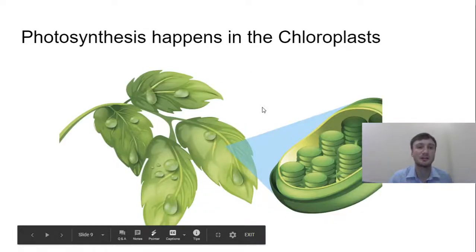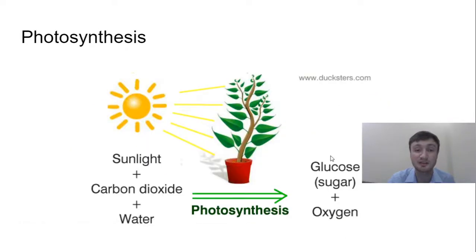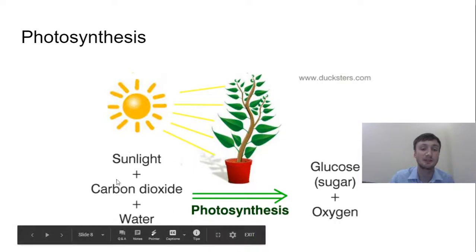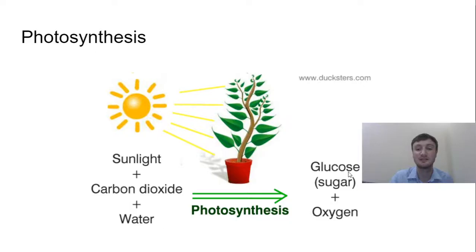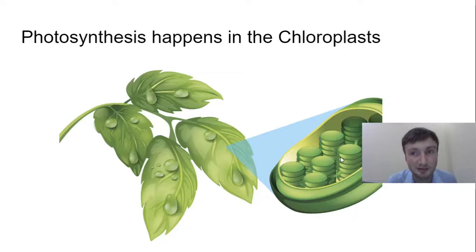Okay, great. So this magic process, photosynthesis, happens in these tiny, tiny little things in the cell. And they're called chloroplasts. Chloroplasts. Yeah. That's all you need to know. So inside each chloroplast, carbon dioxide, water, and sunlight is making sugar and oxygen in all these little things called chloroplasts.